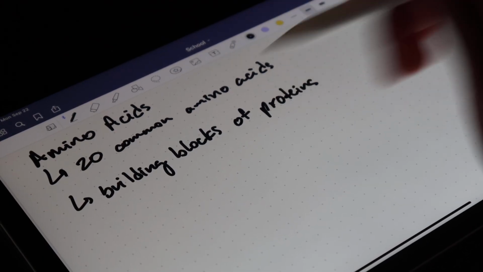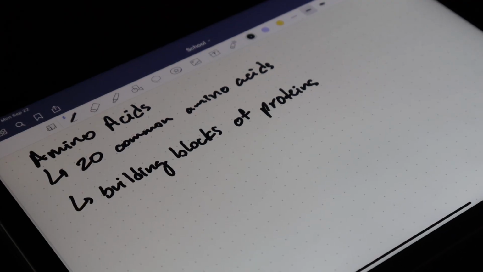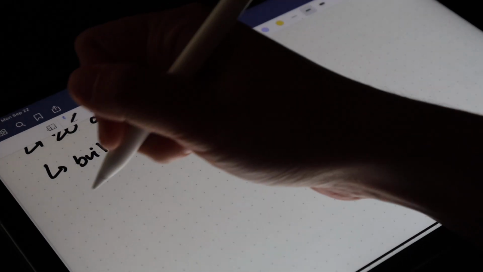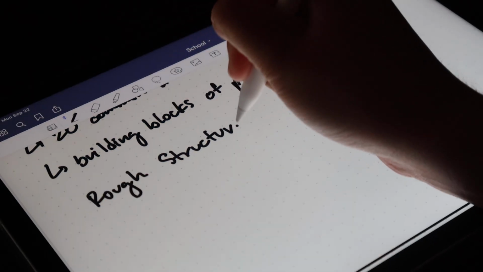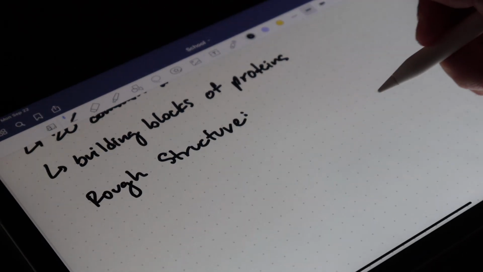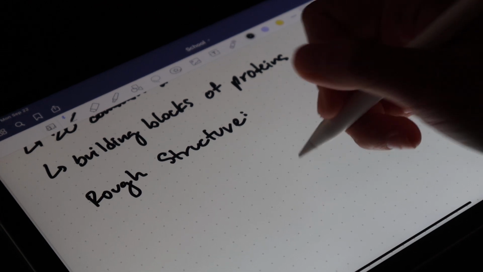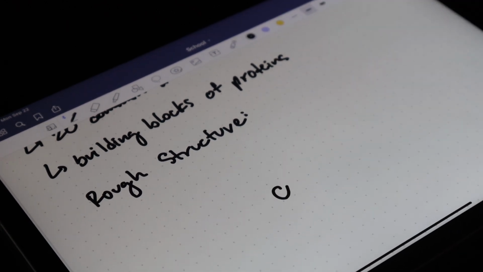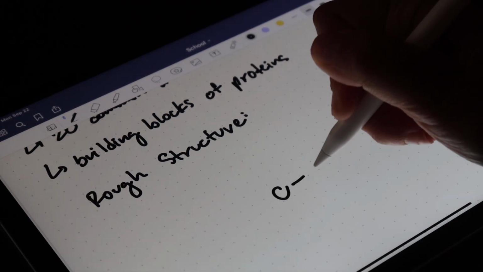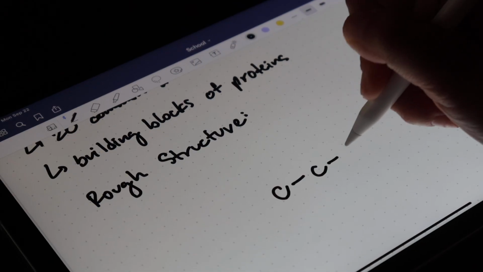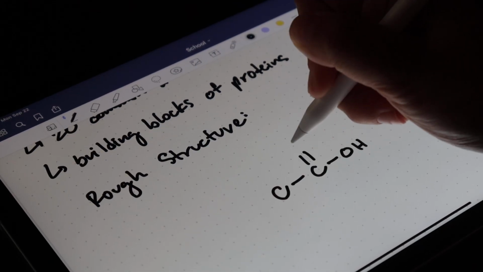So of these 20 standard amino acids, they all have the same rough, more basic structure, you could say. We have a central carbon that is connected to our carboxyl group.